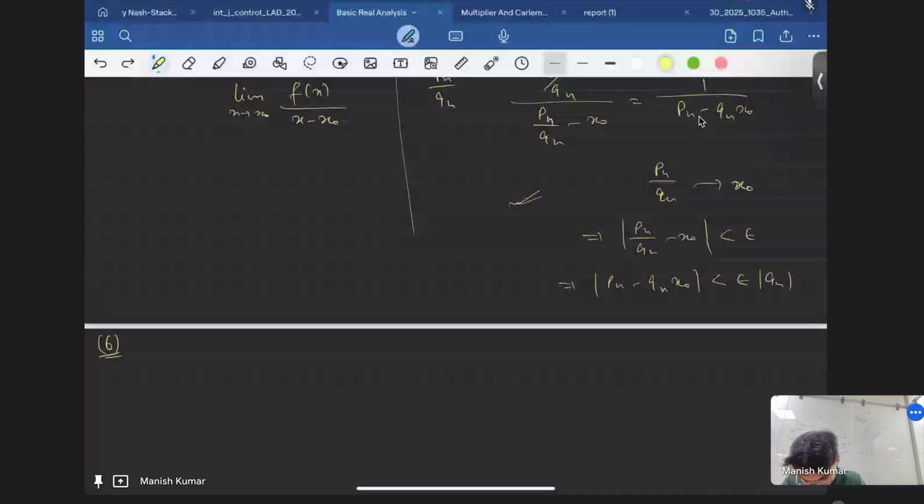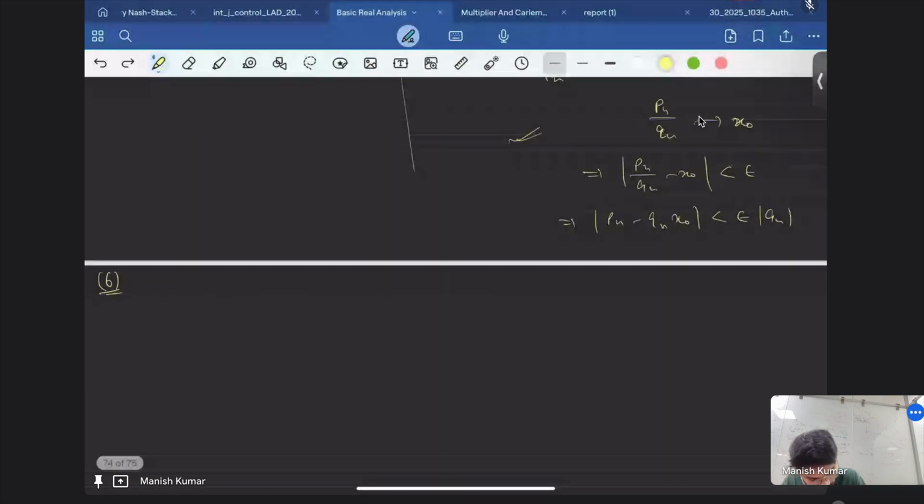Okay, so this is the problem. x naught is a non-zero real number, and f from R to R is differentiable at x naught.